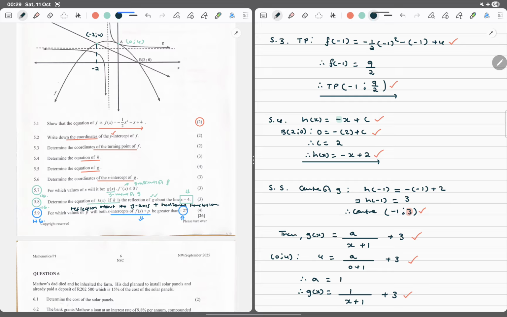So if we're shifting this graph vertically, so let's see, this is our graph. If we shift it up, can you see the roots don't really become greater than -2?